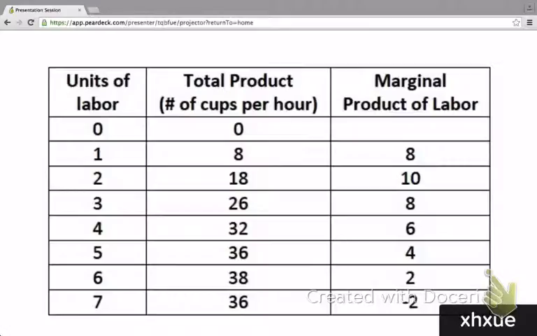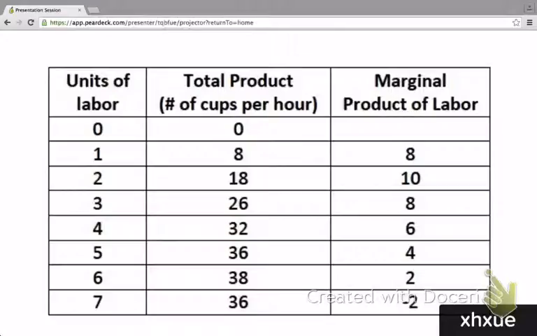Well, now we need to consider the price of each cup of lemonade when it is sold. The total monetary benefit of hiring each worker is called the value of the marginal product of labor. The value of the marginal product of labor is equal to the price of the output, in this case the price of a glass of lemonade, multiplied by the additional number of glasses of lemonade that worker produces, or the marginal product of labor.